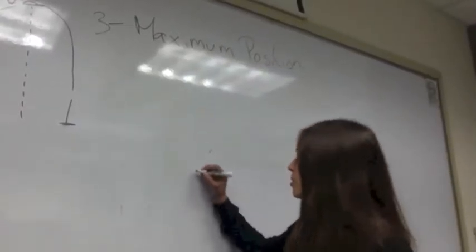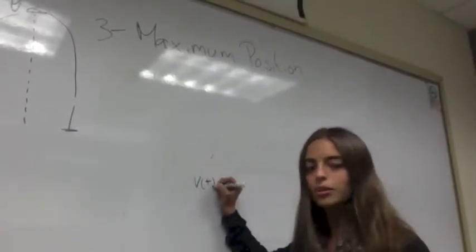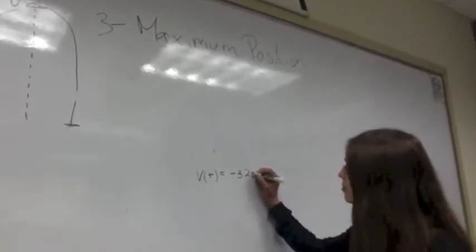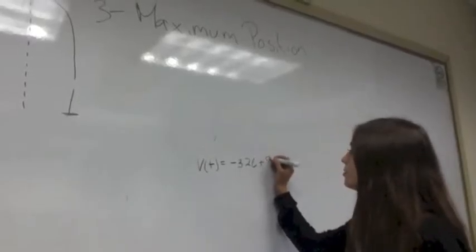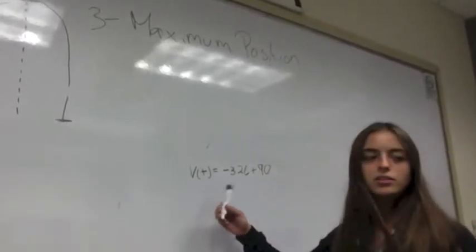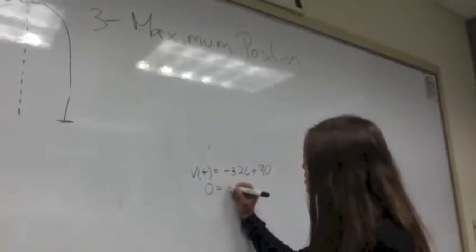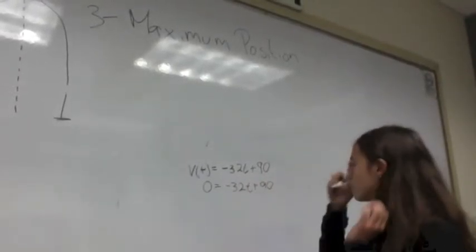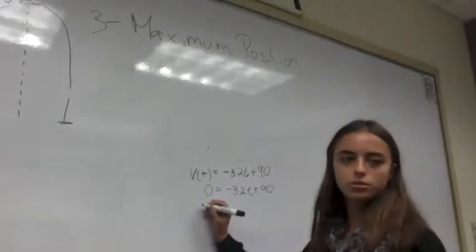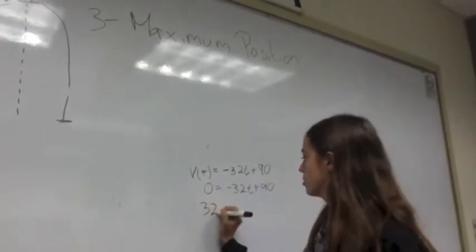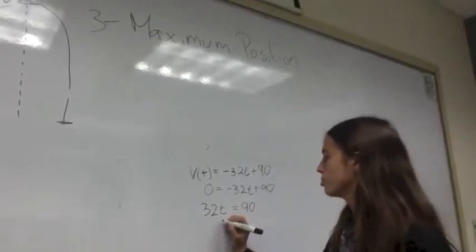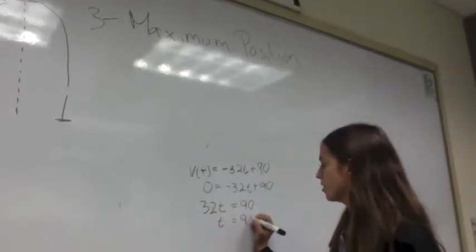So we use the formula v(t) equals negative 32t plus 90. Then we set this to 0 in order to get t, and we isolate t. So 32t equals 90, which gives t equals 90 over 32.